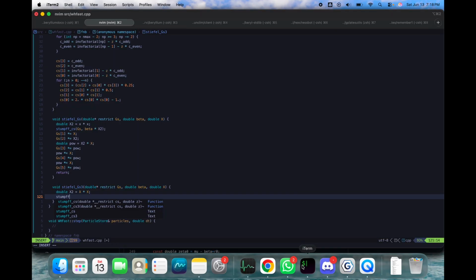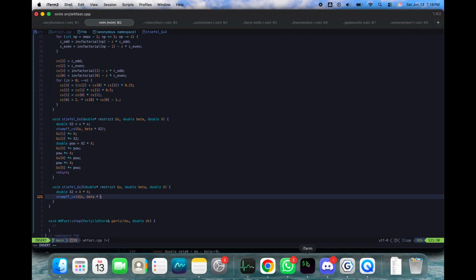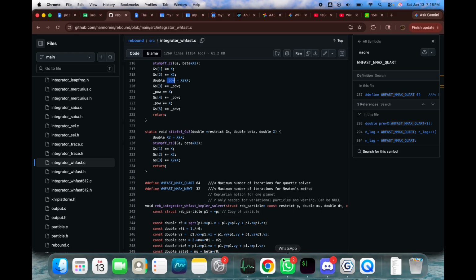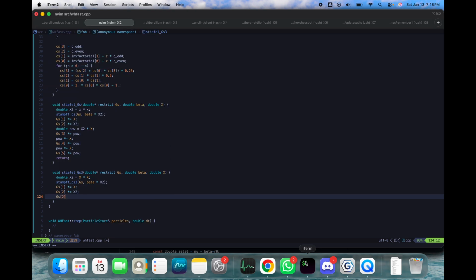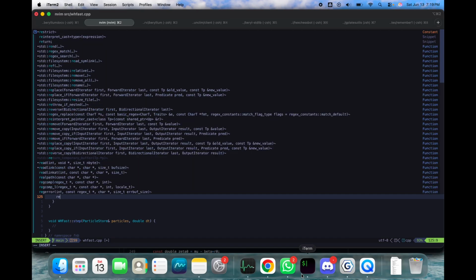And we have stump CS3, GS, beta times x2. And then we have GS index 1 times equals x, GS index 2 times equals x2, and GS index 3 times equals x times x2. Close enough. And we return. And we explicitly return at the end.